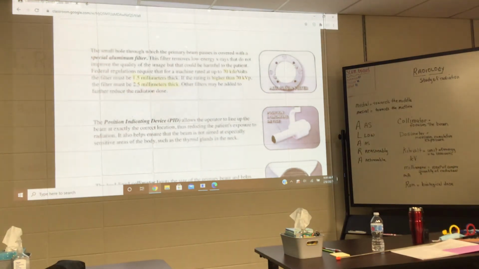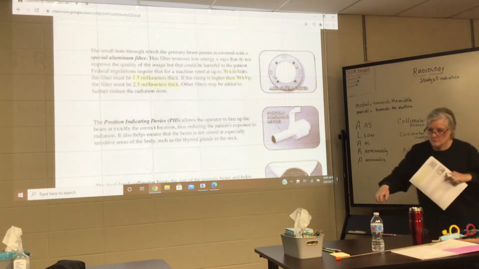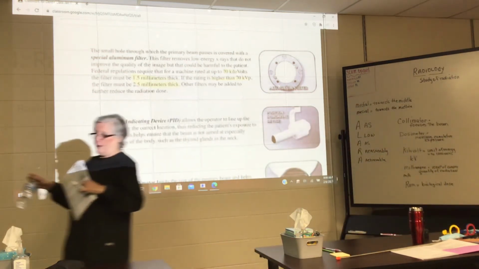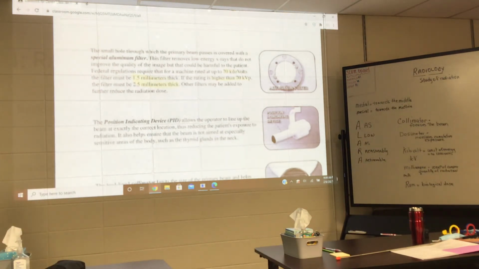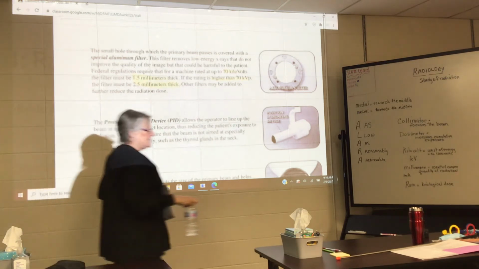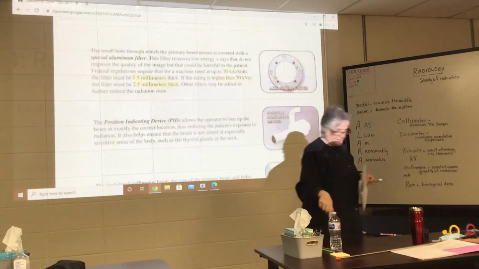Okay, next we have the PID. PID is the positioning indicating device, and it allows the operator to line up the beam in exactly the correct location, reducing the patient's exposure to the radiation. In other words, instead of going up to Talon and taking an x-ray like this, we're gonna have it close to the face. We can eliminate extra areas.